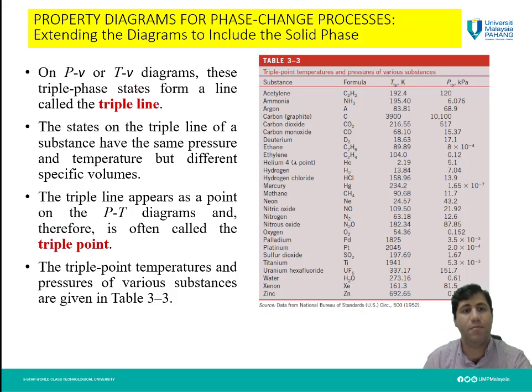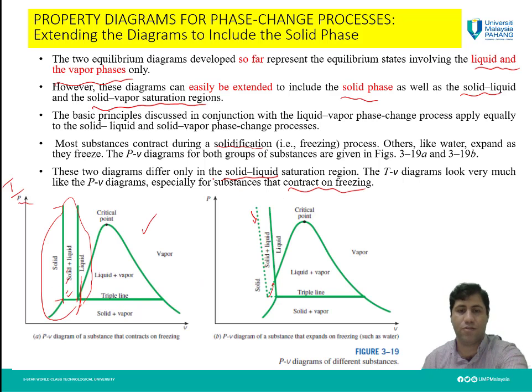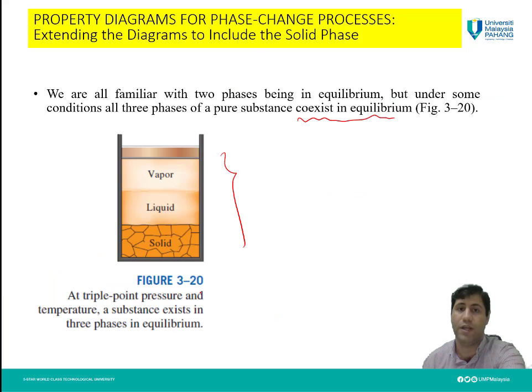On the PV diagram or TV diagram, these triple phase states form a line called the triple line. If I go back to this, you can see this is the triple line. Why do we call it the triple line? This is an equilibrium condition. This is the solid-vapor area. This is the liquid-vapor area. But on this line, we have solid, liquid, and vapor together.